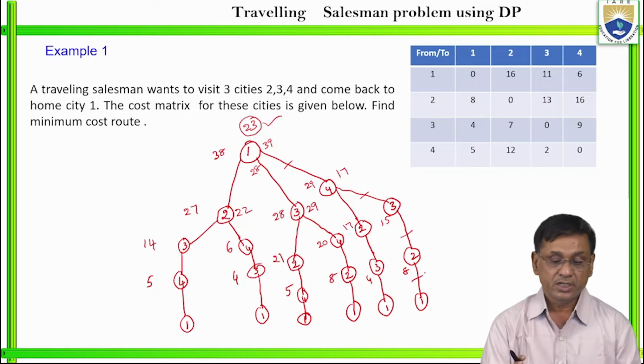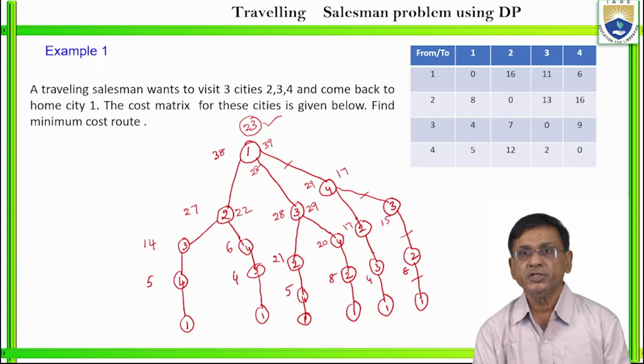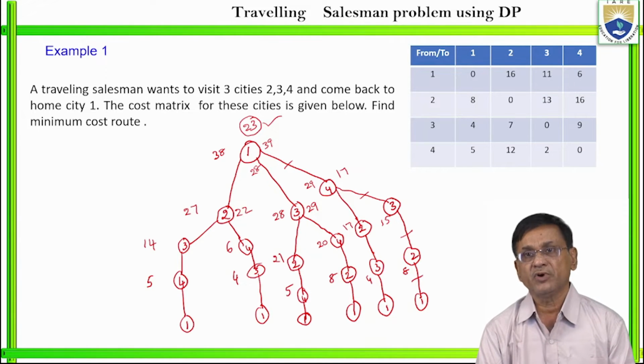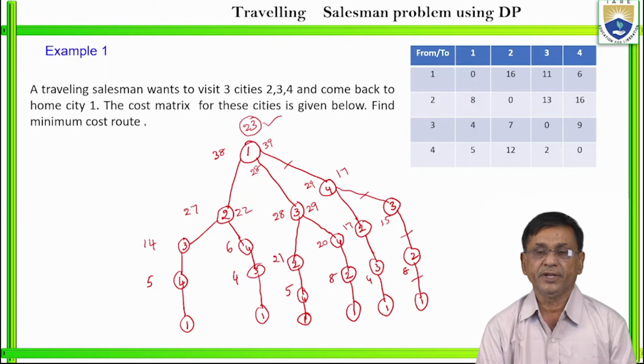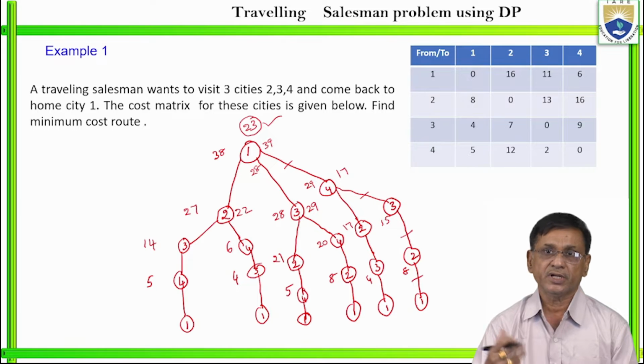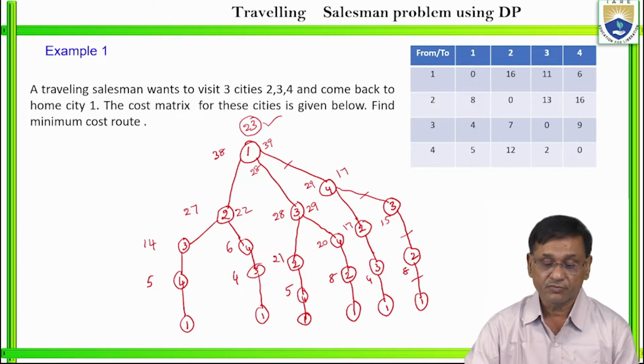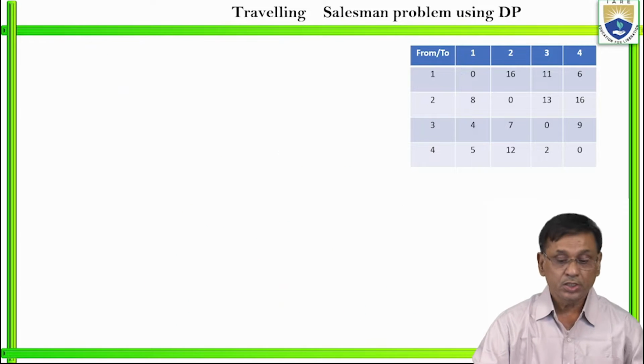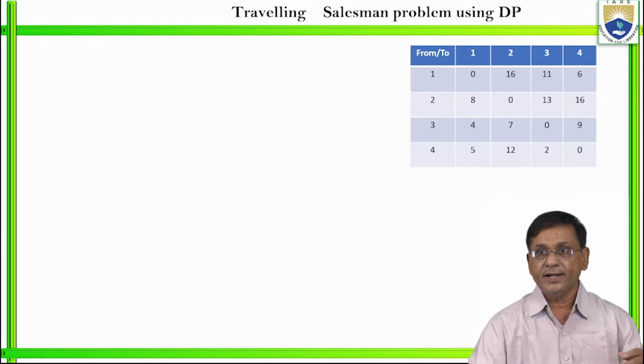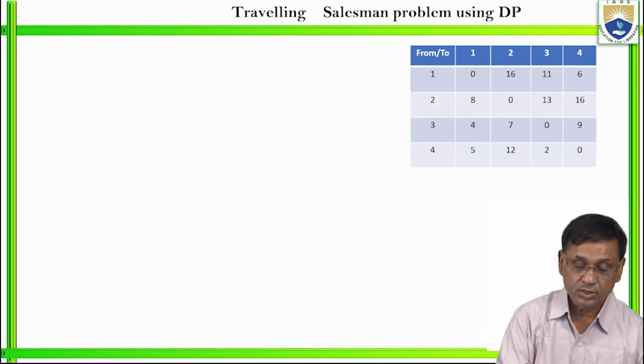So, this state space diagram is useful to derive the formula for dynamic programming. So, from the formula, we can find out the solution for any number of cities. That is, we can derive the general formula. Now we can write the formula for this.